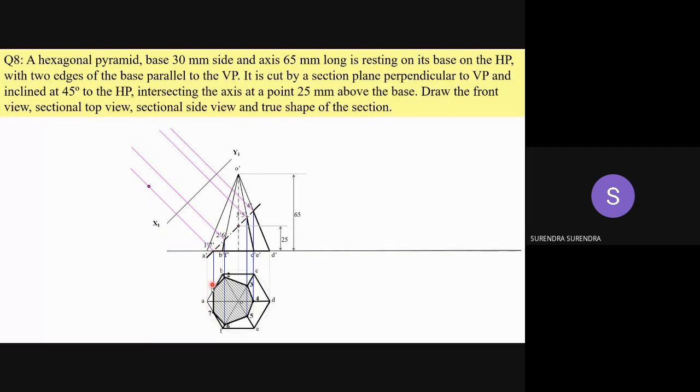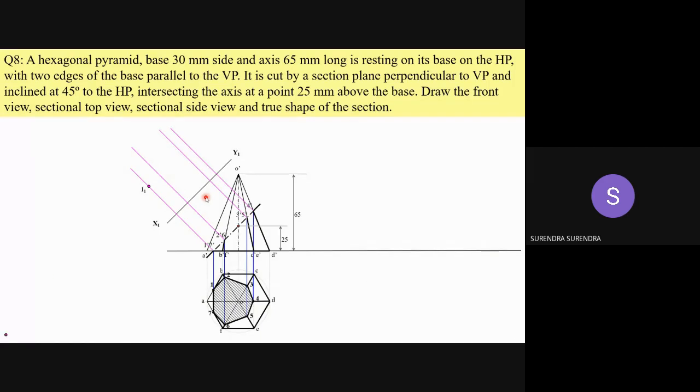Measure the distance from the XY line to 1, and then cut an arc from this X1 Y1 line, not from this 1 dash. We'll maintain this distance so that the true shape of the section doesn't overlap with this solid.